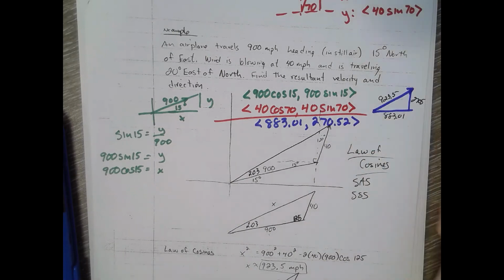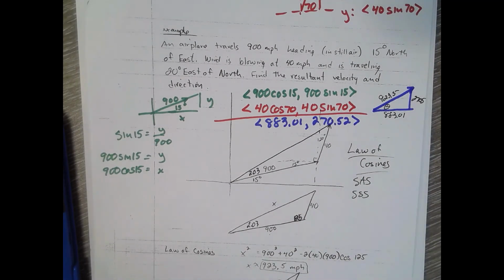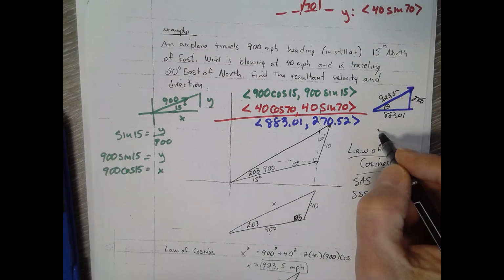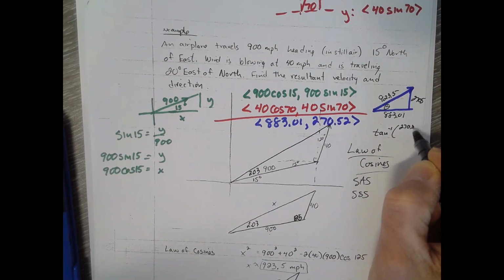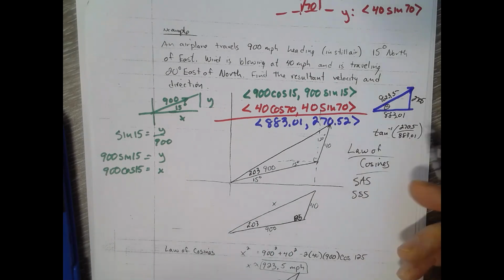And you can find theta, and that's going to be 17.03, because that's our angle. You can find theta by doing an inverse tangent of 270.5 over 883.01, and that'll get you your 17.03.